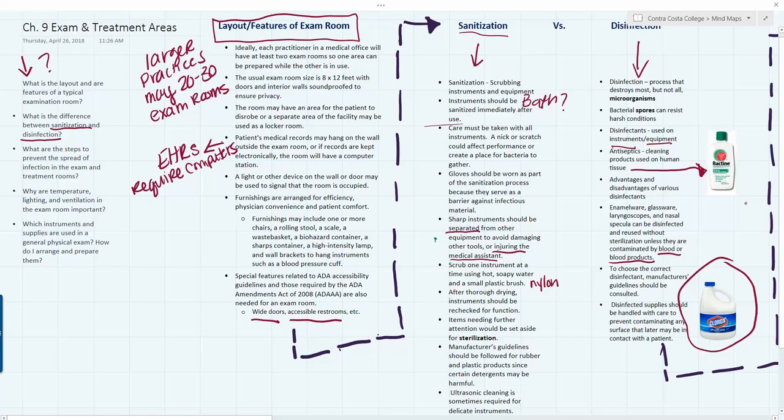Anything that has blood or blood products on it has to be run through the autoclave and sterilized because we can't disinfect away some of the things that are living in blood. So if there's ever any blood or blood products on any of those items, we make sure that we run them through the autoclave for sterilization.